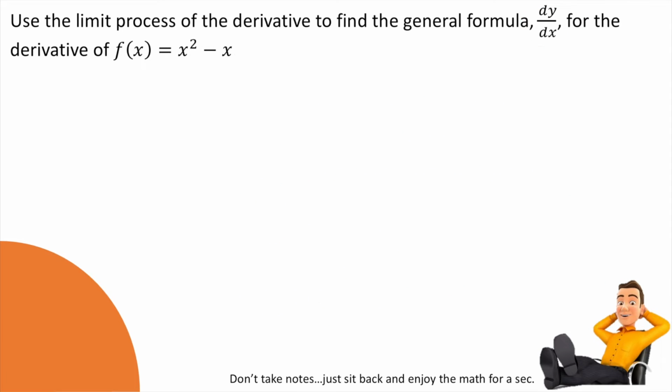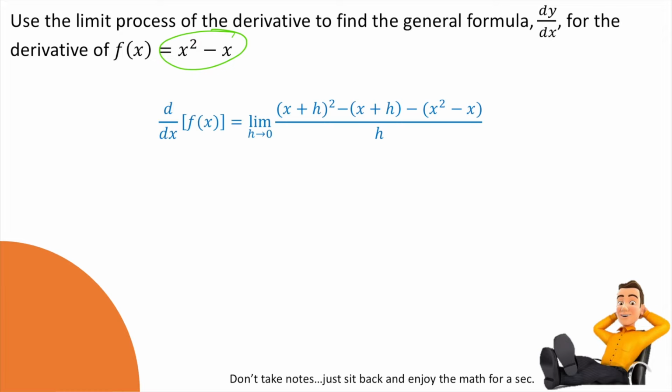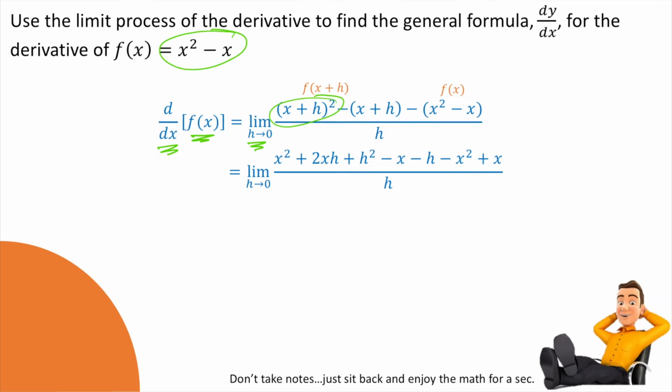Let's do one more. Same thing, but our function is x squared minus x. To take the derivative of a function, we take the limit as h approaches 0 of f of x plus h minus f of x all over h. This x plus h has to be squared, so we have to expand that.